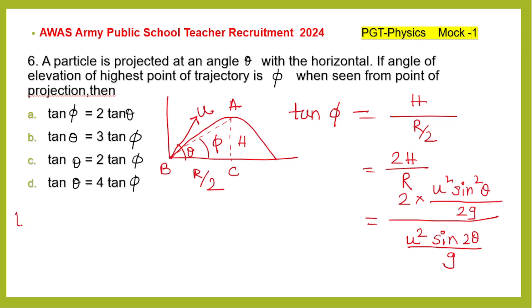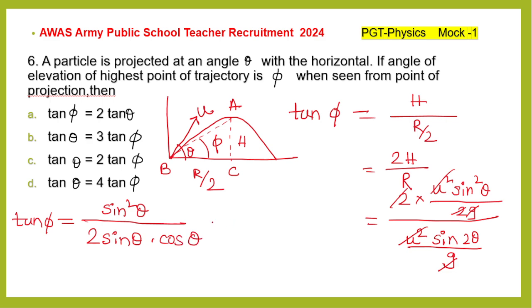Let's solve this one. Tan phi is equal to 2, cancel out g, cancel out u square. Here we write sin square theta, next 2 sin theta cos theta, and one sin theta cancels out, and it gives half tan theta.